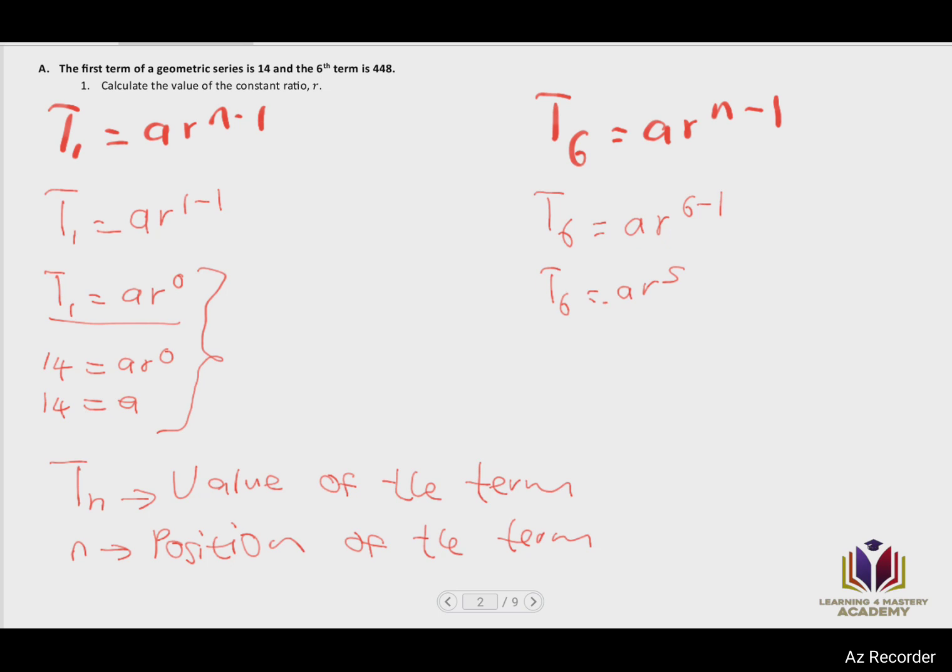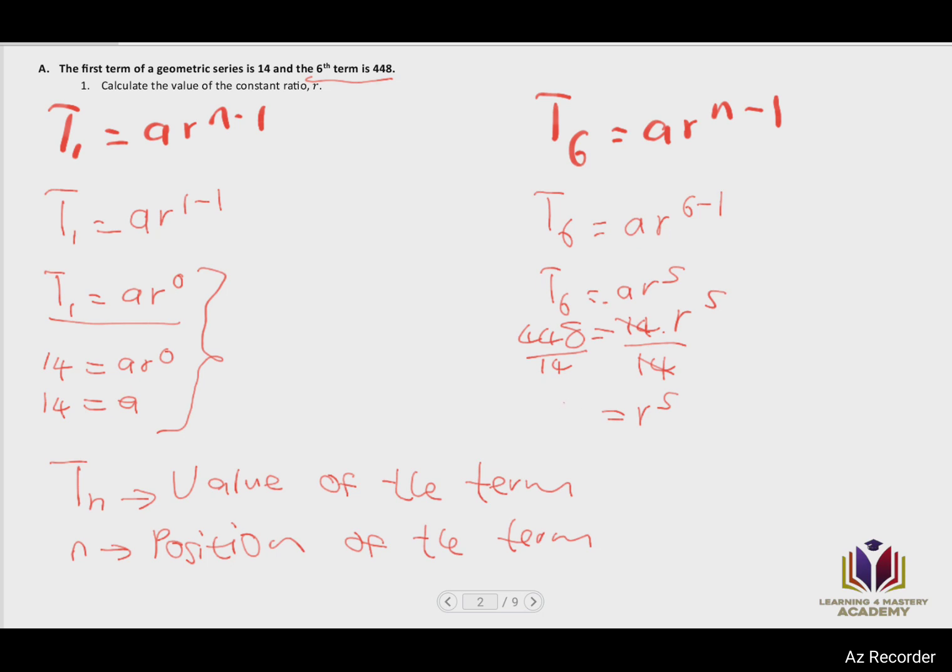On the other side, we are given that the sixth term is 448. So we're going to put 448 here. We say equals to, the A is 14, so 14 times r to the power of 5, right? Then we can divide both sides by 14. This cancels that. r to the power of 5 equals, I'm just going to quickly put this in the calculator.